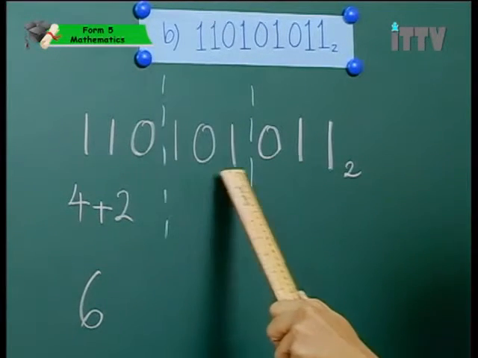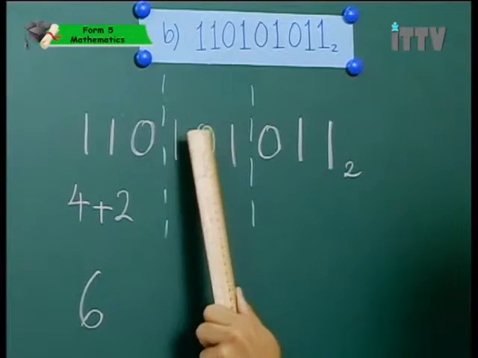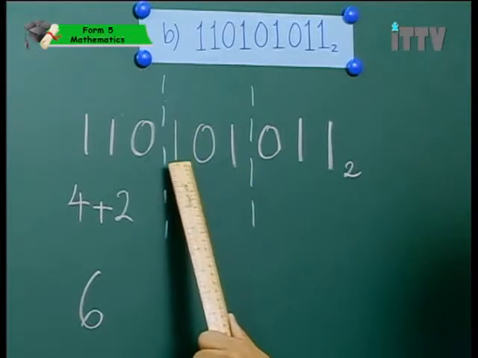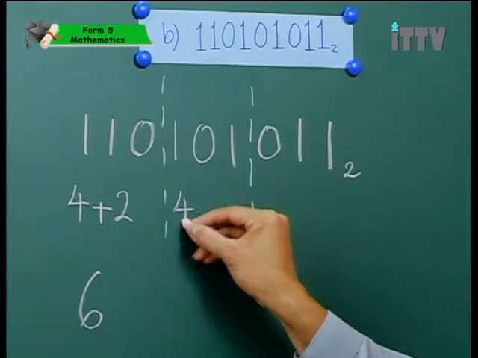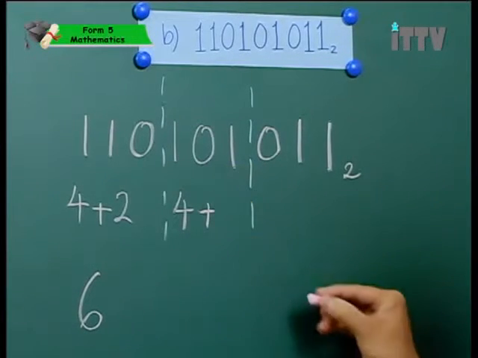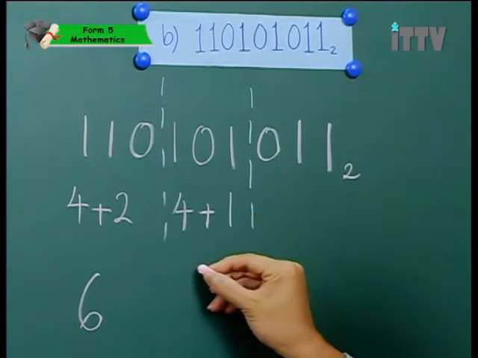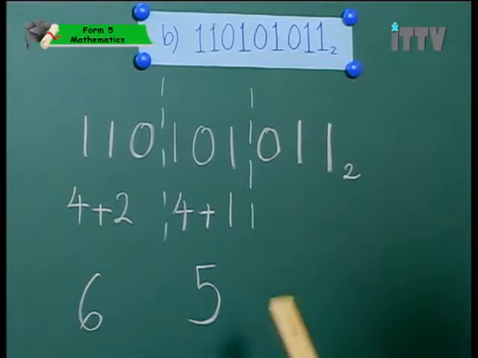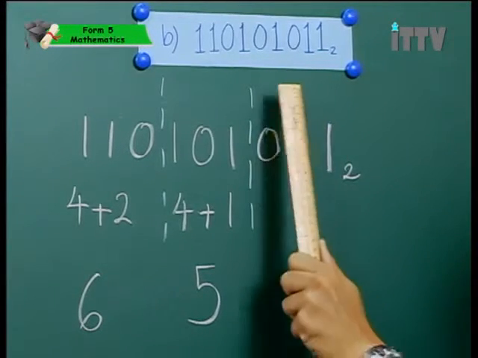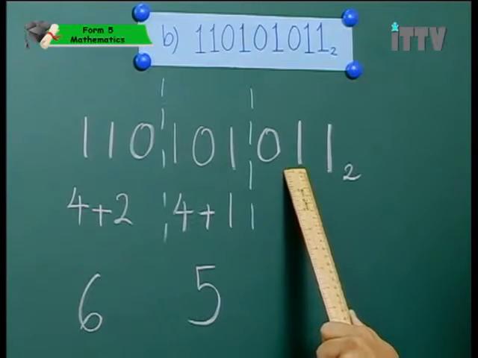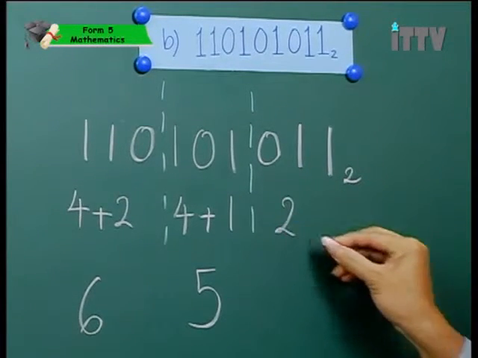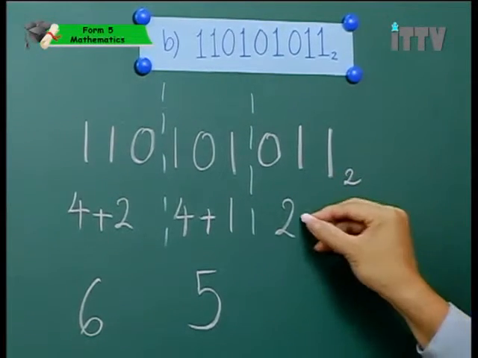Now, 101. Forget about the 0. 1 here and a 1 here. The 1 here brings 4. The 1 here brings 1. 4 plus 1, 5. Alright, what about this group? 0, don't look. This one carries 2 in base 8. This one carries 1 in base 8.